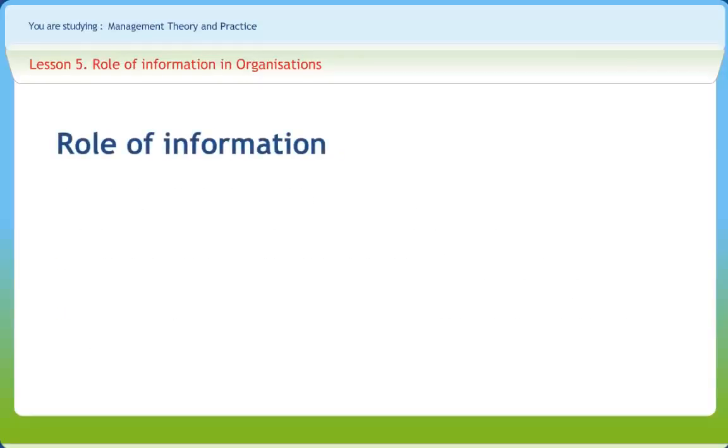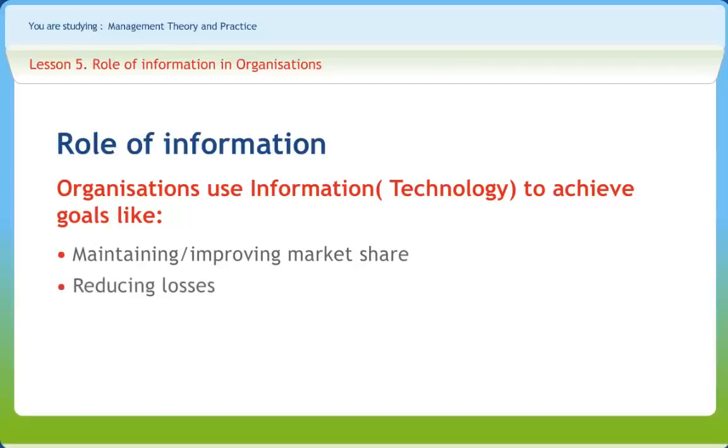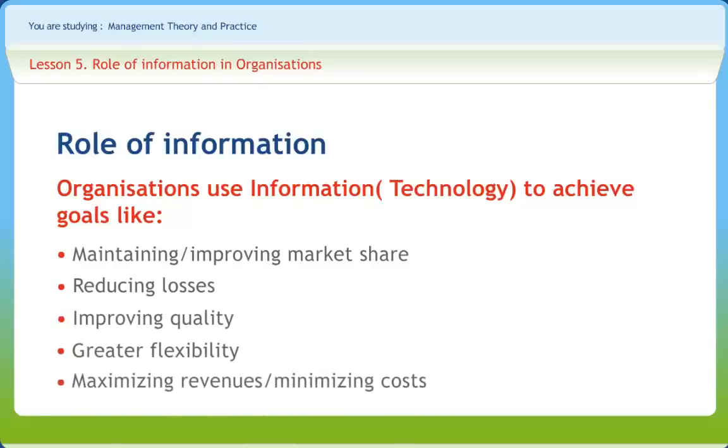Obviously, information plays a very important role in every organization. Information technology, on the same hand, certainly plays a pivotal role in helping the organization to achieve goals like maintaining and improving market share, reducing losses, improving quality, ensuring greater flexibility and maximizing revenue, and side by side minimizing costs.